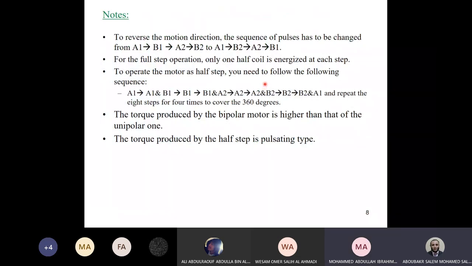So the same notes as what we have already described for the variable reluctance apply. As you can see, to reverse the motion direction, the sequence of pulses has to be reversed or changed. So we can change from A1, B1, A2, B2 to A1, B2, A2, B1. This will reverse the direction of the motion.